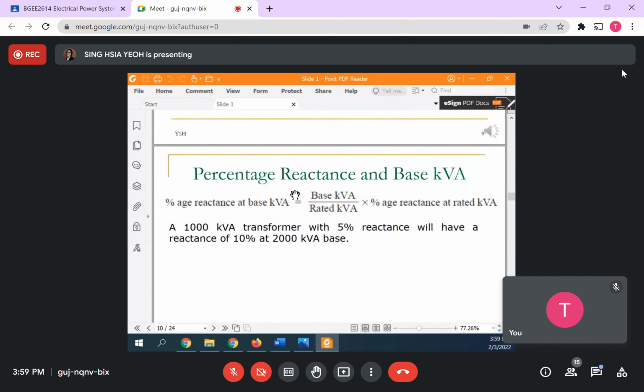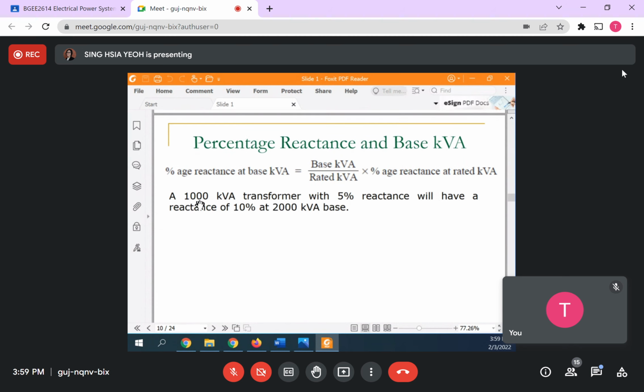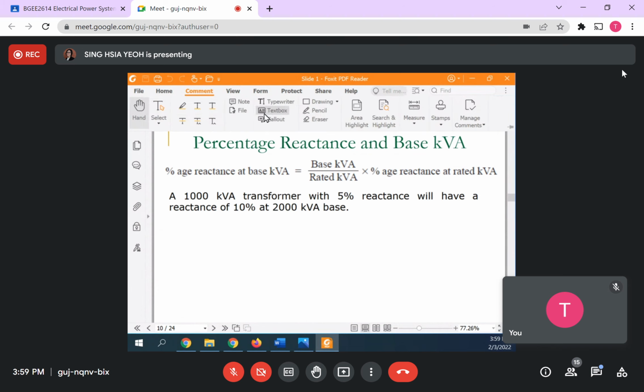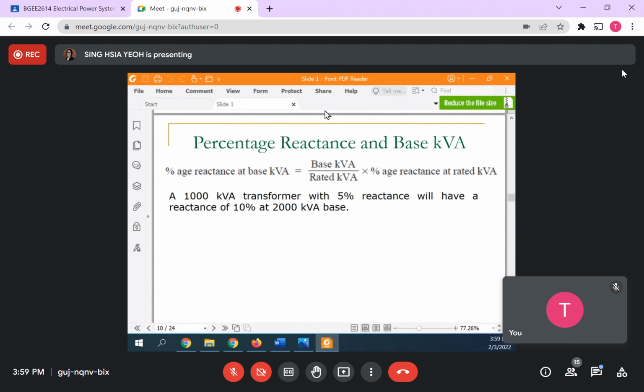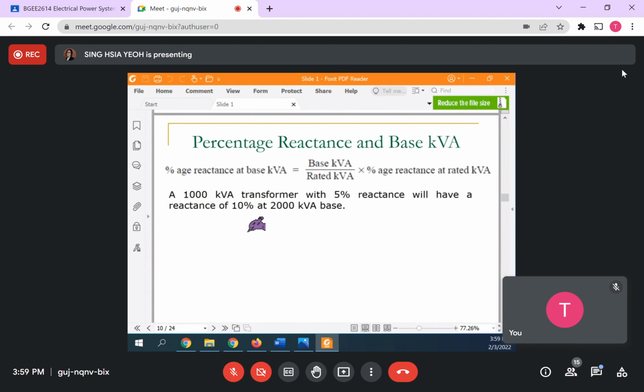Then the percentage reactance at the base kVA. Again, you have a base value, something like your PU: base kVA divided by the rated kVA times the percentage reactance. For example, a 1000 kVA transformer with 5% reactance.